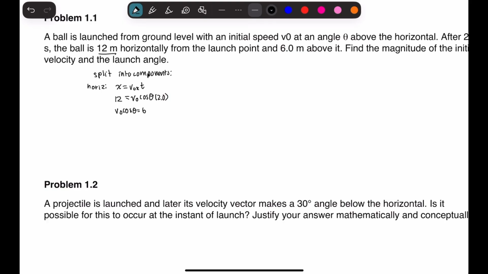So now we have that y is equal to v initial y t minus 1/2 g t squared for our vertical direction.